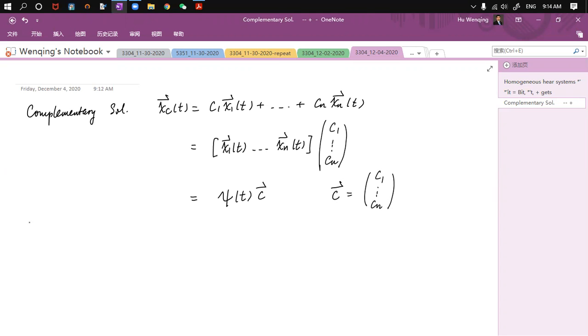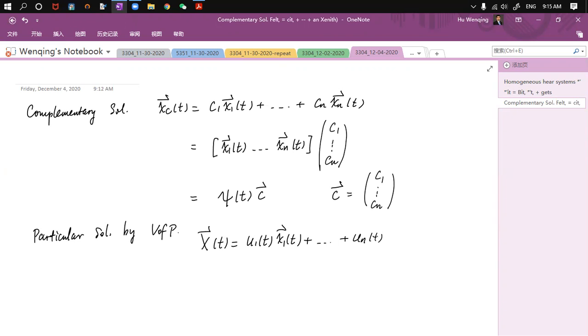Now you're going to look at the particular solution by the method of variation of parameters, which means that you say x of t equals u1 of t multiplied by x1 of t plus dot dot dot plus un of t multiplied by xn of t.